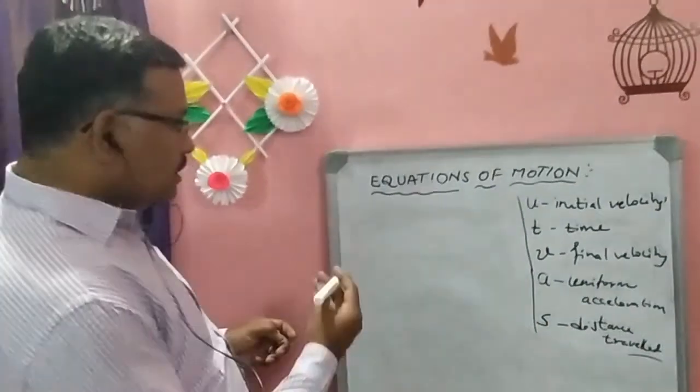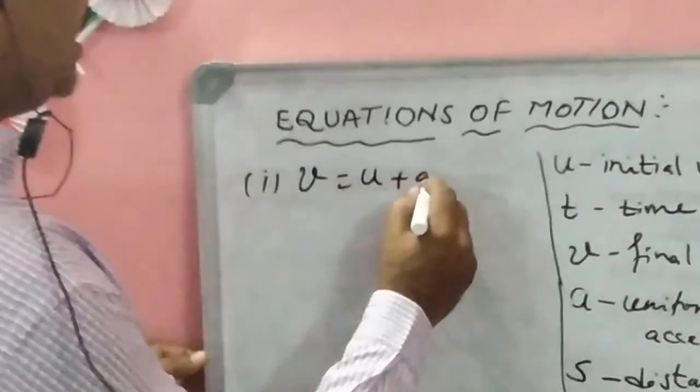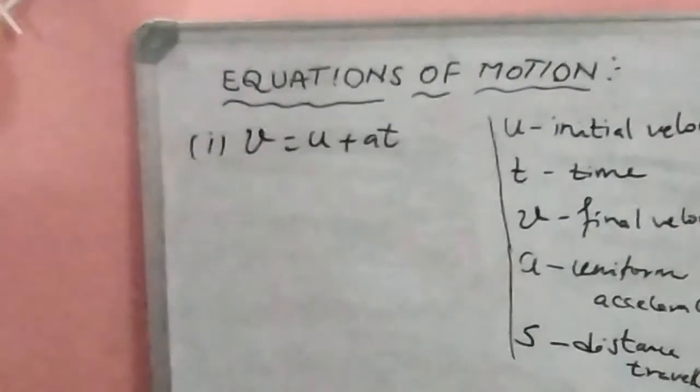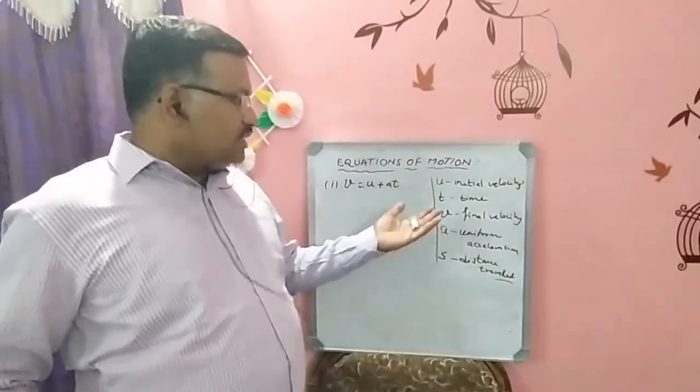So now the first equation, v is equal to u plus at. So how to derive this equation? Let you assume your body which moves with the initial velocity u.